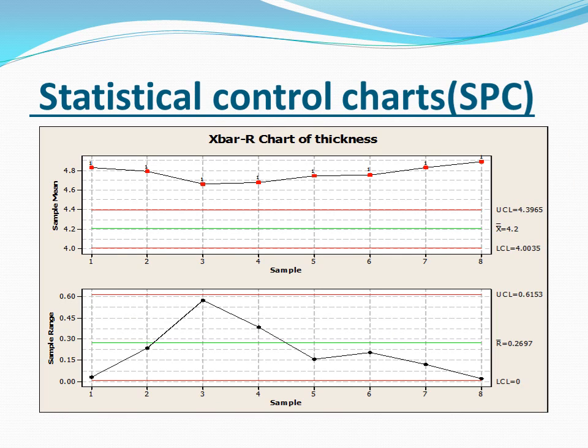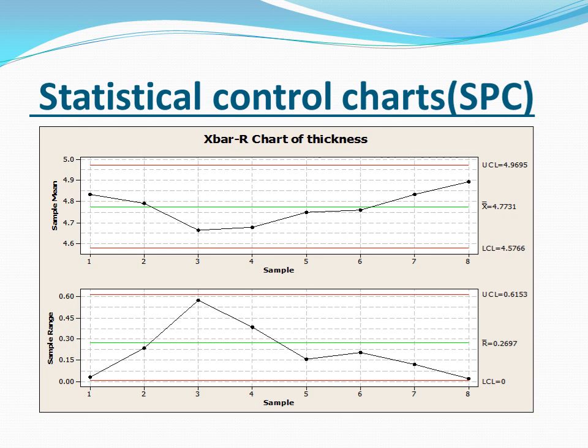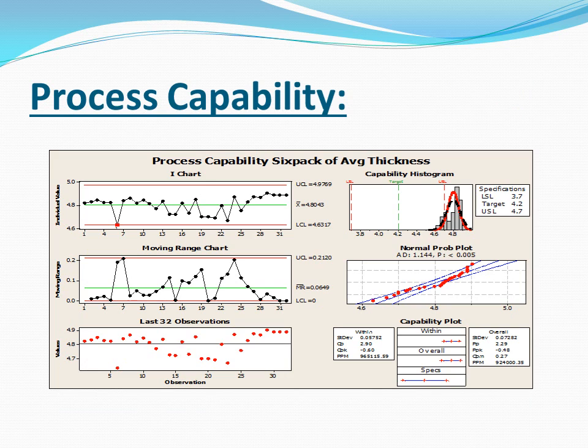Coming to the statistical control charts, we can find that in the X-bar chart, it is out of control. I mean the black one is outside the red lines, and the sample range is in control. In the other statistical control chart, the sample mean is under control, and the sample range is also under control.